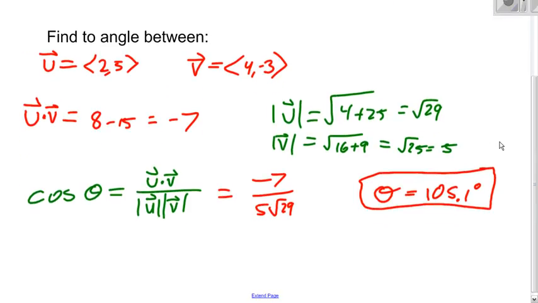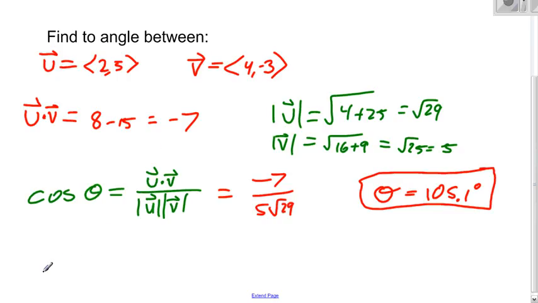So if we expand this a little bit, if the dot product were 0, we'd be taking arc cosine of 0, which would give us, as long as the vectors aren't of 0 length, which they can't be, arc cosine of 0, which tells us a 90-degree angle.